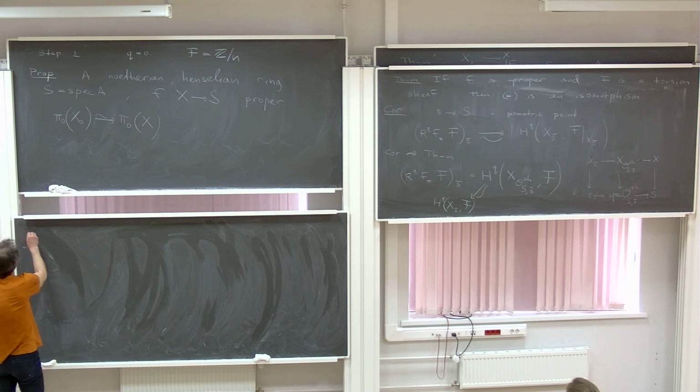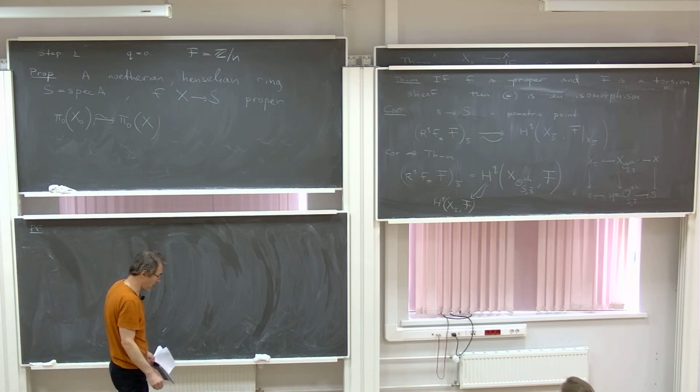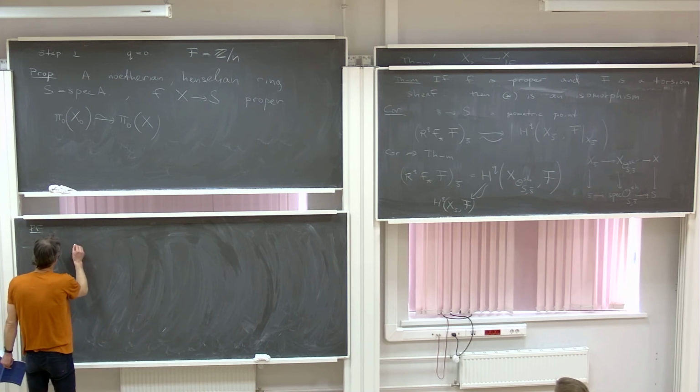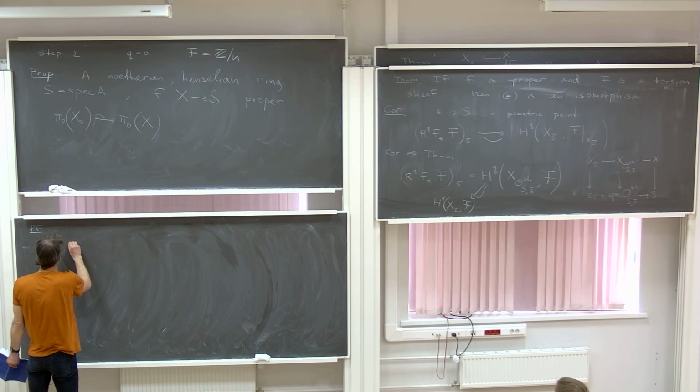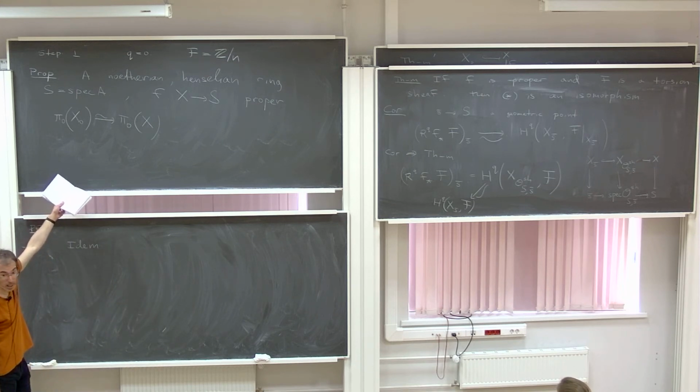Okay, so proof. What is π0? What is the set of connected components? The finite subsets of the set of connected components are in one-to-one correspondence with idempotents in the ring of global functions on X0.